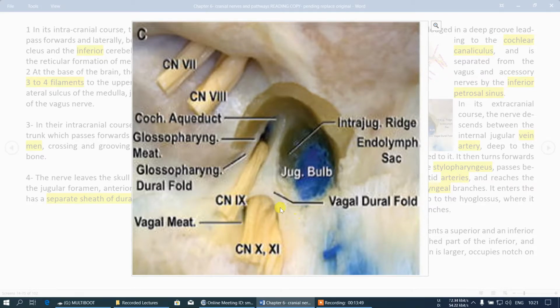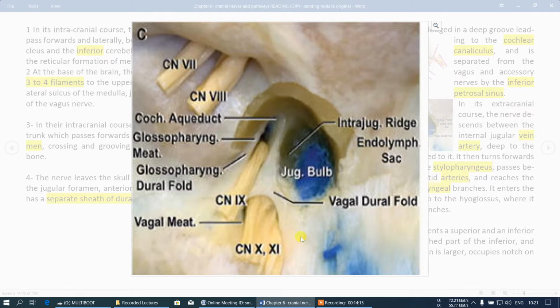The dura covers the 10th and 11th nerves separately, and it covers the 9th nerve separately. So this is the glossopharyngeal dural fold, and this is the vagal dural fold. The 9th nerve has a separate sheath of dura mater, and the 10th and 11th have a separate sheath of dura. Then they emerge from the base of the skull.